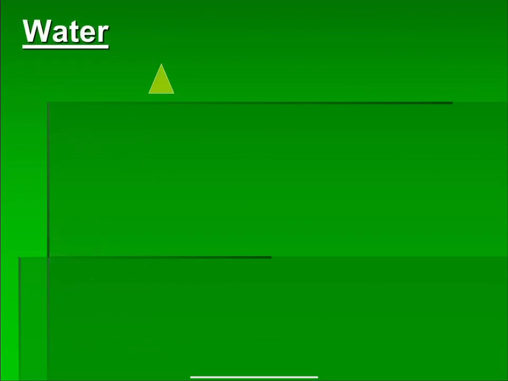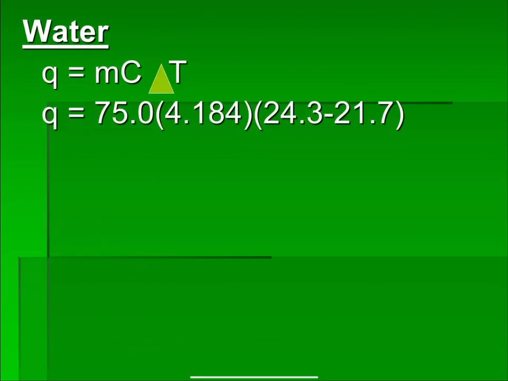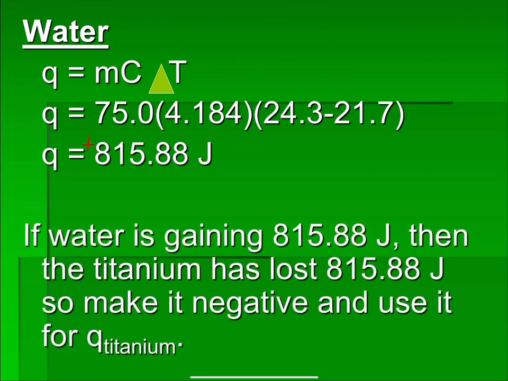So starting with water, I punch in my values, my mass, my heat capacity, my final minus initial temperature, and I find that my water gained 815.88 joules. Well, if it gained all that energy, where did it come from? Well, it came from the titanium. So the titanium lost, so we're going to say it's a negative 815.88 joules for titanium.